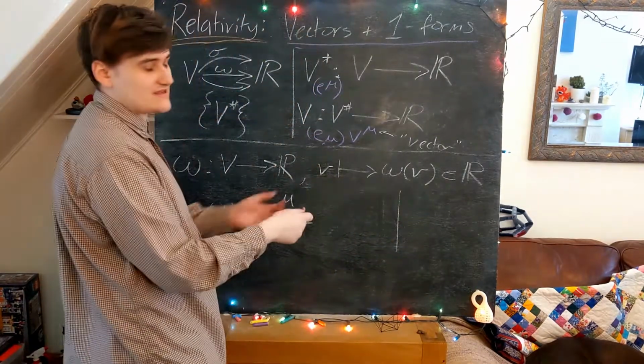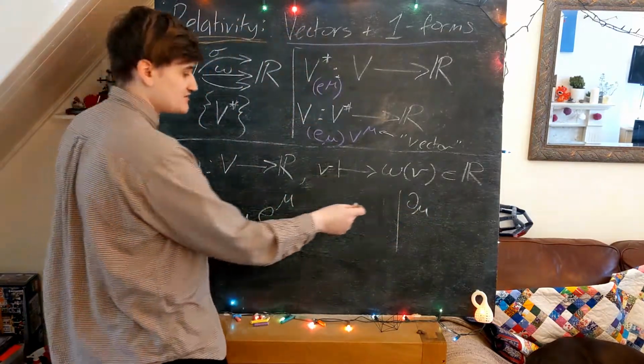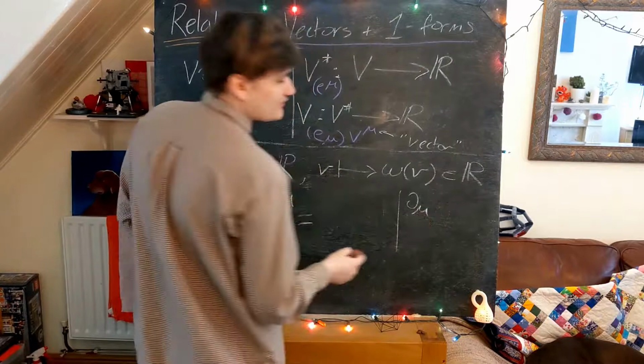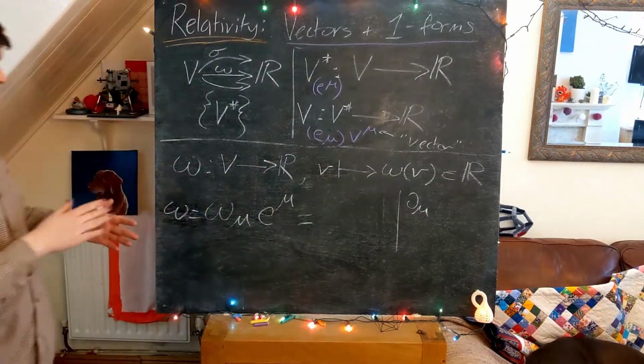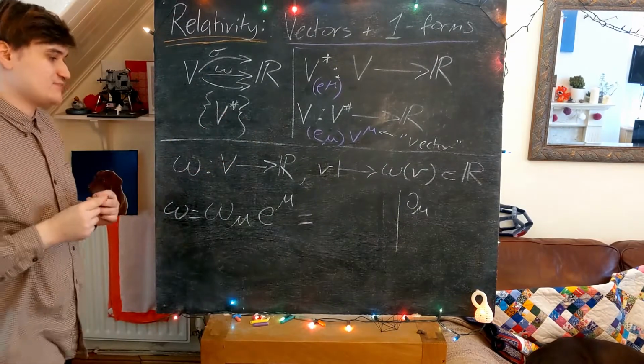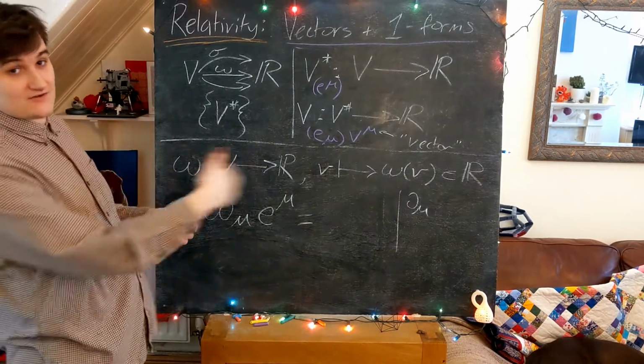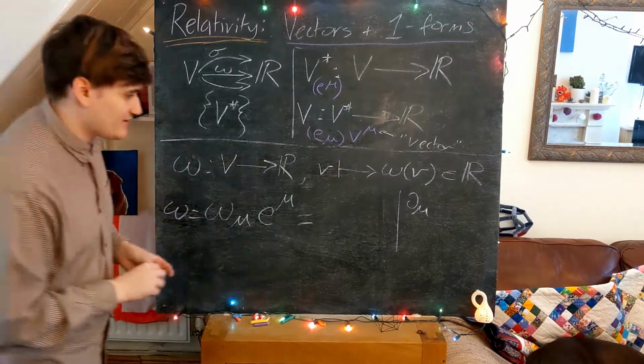We saw that it was given by these partial derivative operators, which will take in any function and give an infinitesimal vector pointing along the direction that that function is increasing in a particular coordinate direction.